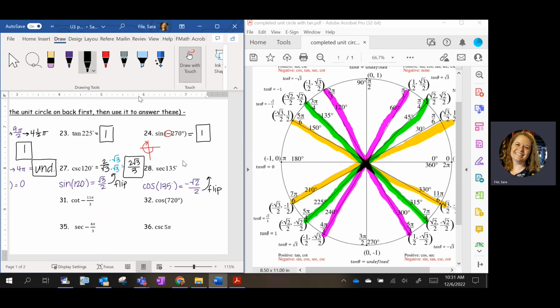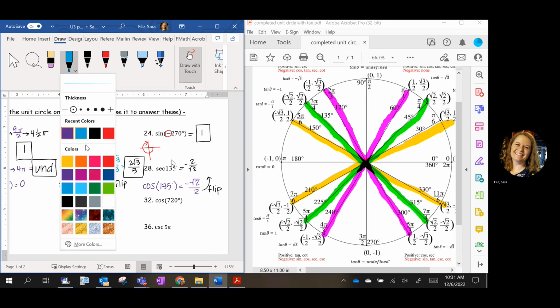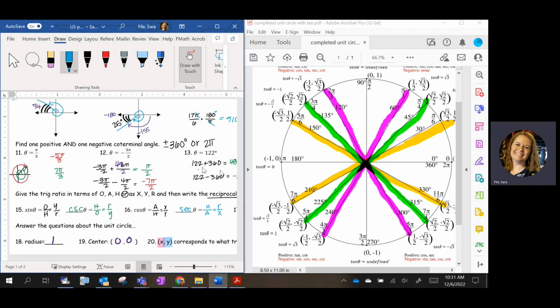Does anybody remember what that would just come out to once I flip and rationalize? Because it's not 2 over 2, it's square root of 2 over 2. So it's not over itself. Okay, I'm going to do it this one time to refresh your memory. So if I flip this, and then I have to rationalize.